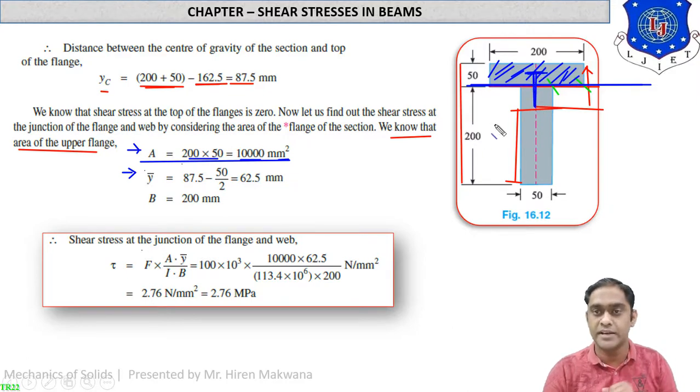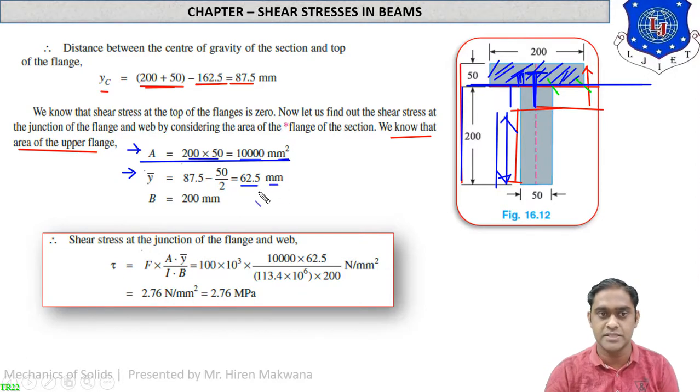So how can we calculate that? The main Y bar is 162.5, as we have already calculated. So 200 minus 162.5 gives 38 point something, plus this 25, which will give you the answer of 62.5 mm. Remember this, 87.5 minus 25 by 2.